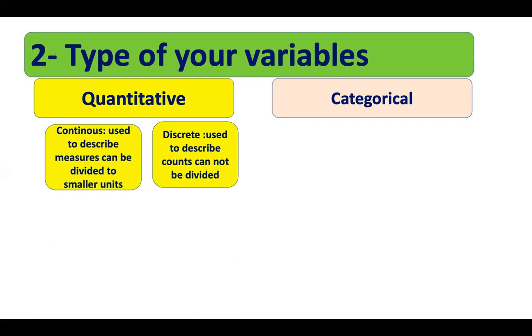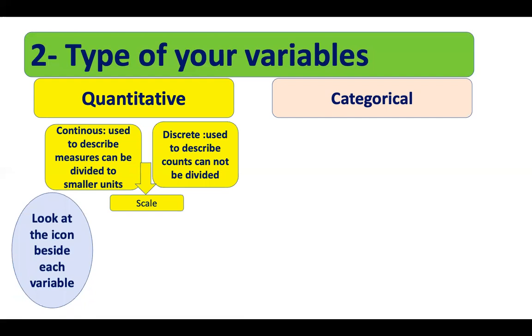But a discrete variable is a count which cannot be divided, for example, the number of cigarettes. Continuous variables are like height, weight, body mass index, and so on. Now, in the measure item, you have to say it is a scale variable, not nominal, not ordinal. It is a scale variable.